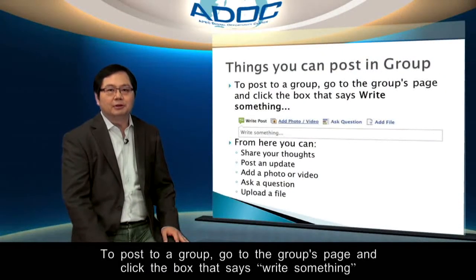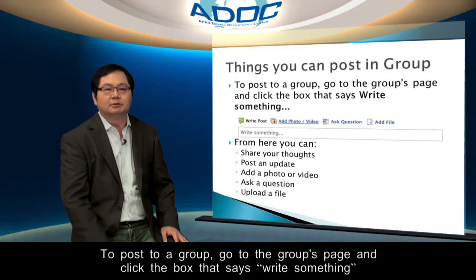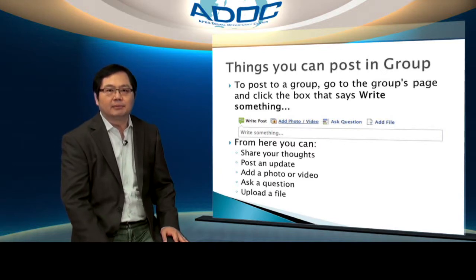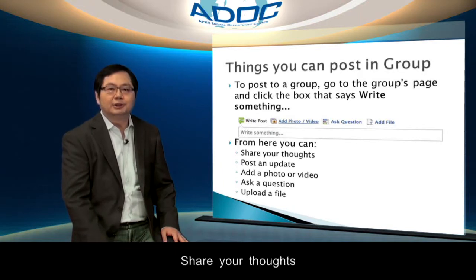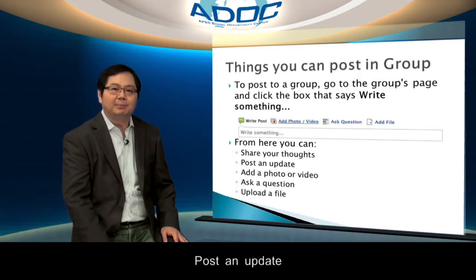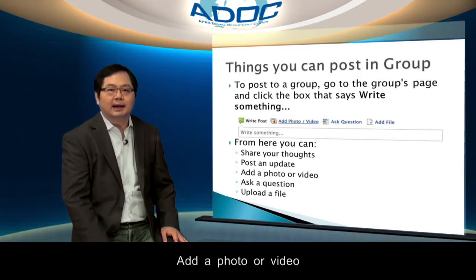To post to a group, go to the Groups page and click the box that says Write something. From here, you can share your thoughts, post an update, add a photo or video, ask a question, upload a file.